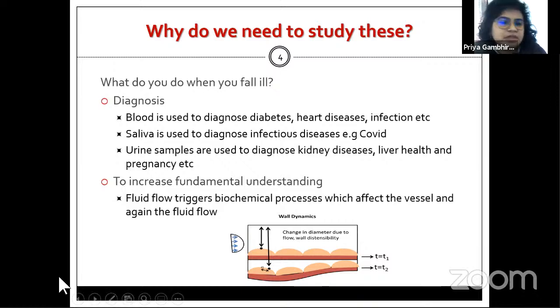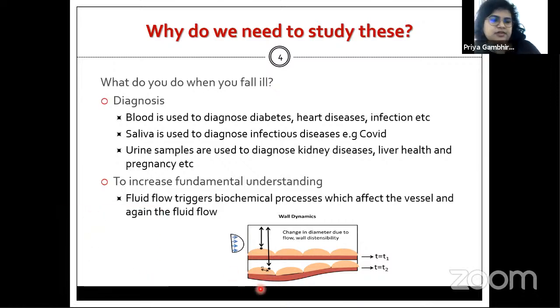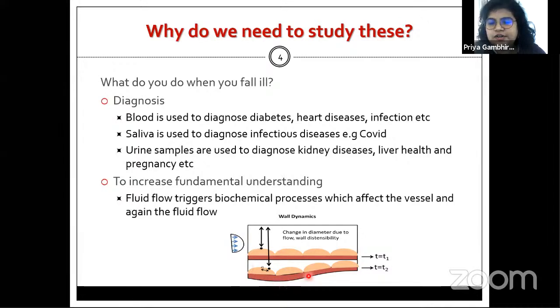So if you see in this figure here, this is the blood vessel in the usual normal scenario, and when there's a sudden surge of blood, it expands a bit to allow that large volume of blood to pass through.